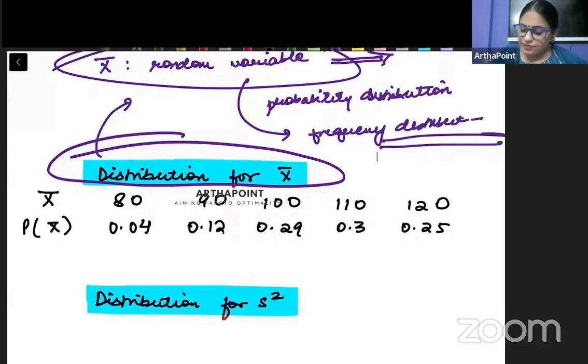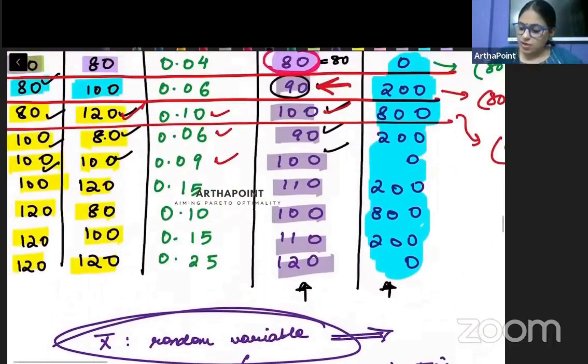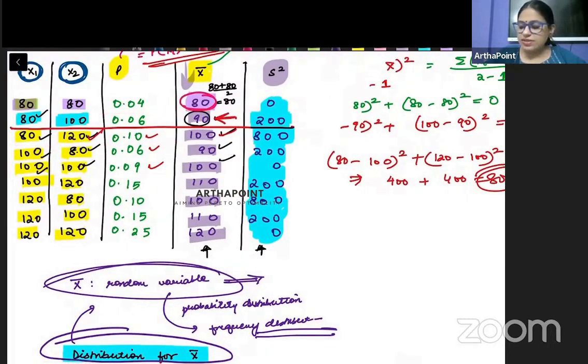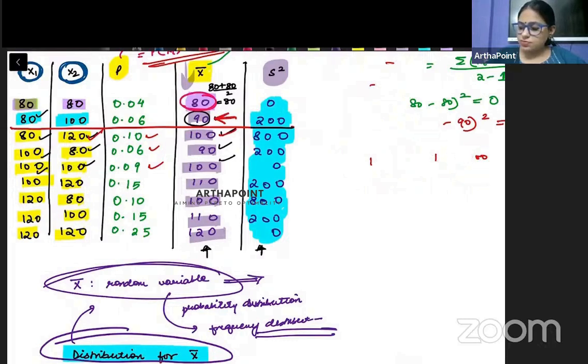So rather than directly focusing on this part, what I'm going to do is find out which x bar values are coming. What are the values that I can see here? Okay, so I'm going to minimize this for a moment. So this is the table that we have created.